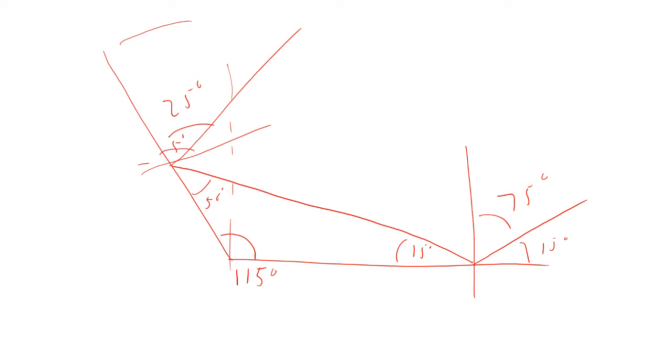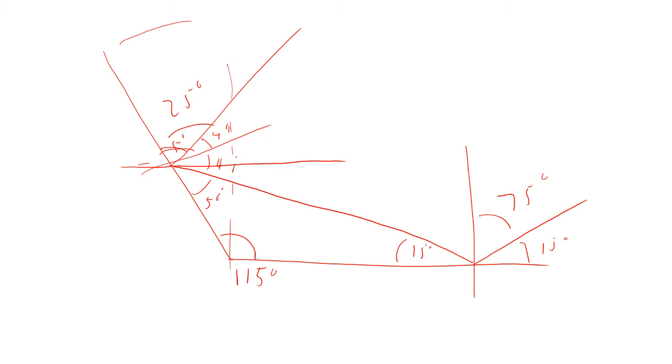Okay. So that means that if we imagine here, if that's 50 degrees right there, okay, then this angle right there is going to be 40 degrees. That's going to be 40 degrees right there.